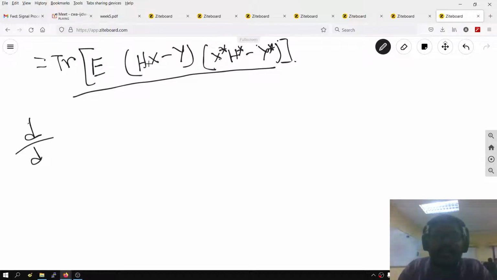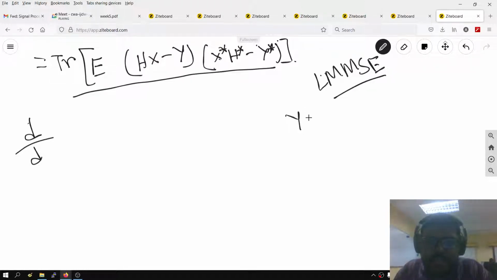this linear model, the thing is, for LMMSE we say that y is equal to Hx plus w.